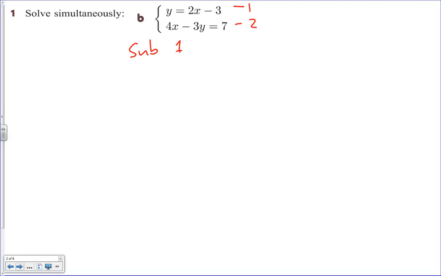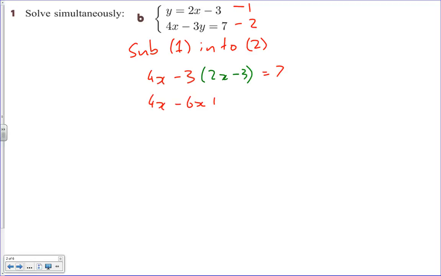Sub 1 into 2. So we're going to have 4x take 3, bracket 2x take 3, equals 7. So 4x take 6x plus 9, because we're going to go like so, equals 7.